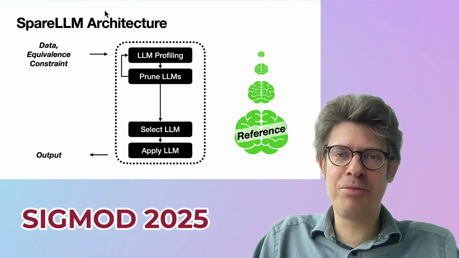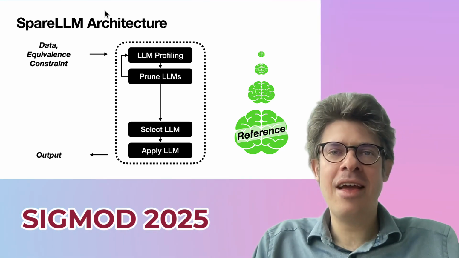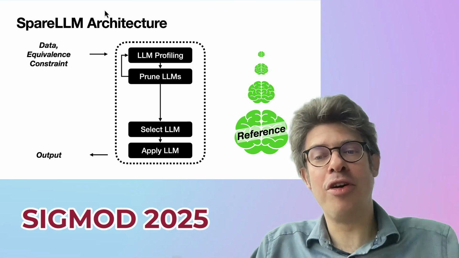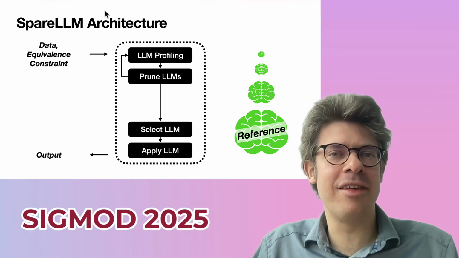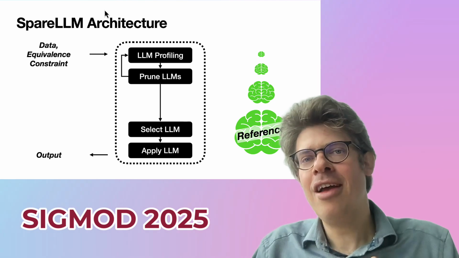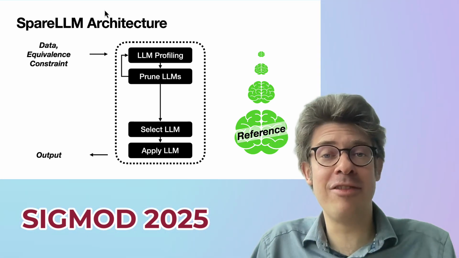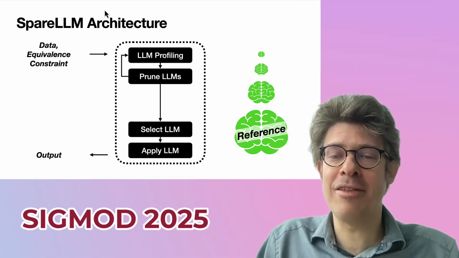Now, another thing about profiling is that doing it is quite expensive, because in order to assess whether the output of those smaller models is equivalent to the reference model, we first have to apply the reference model, which tends to be quite expensive.